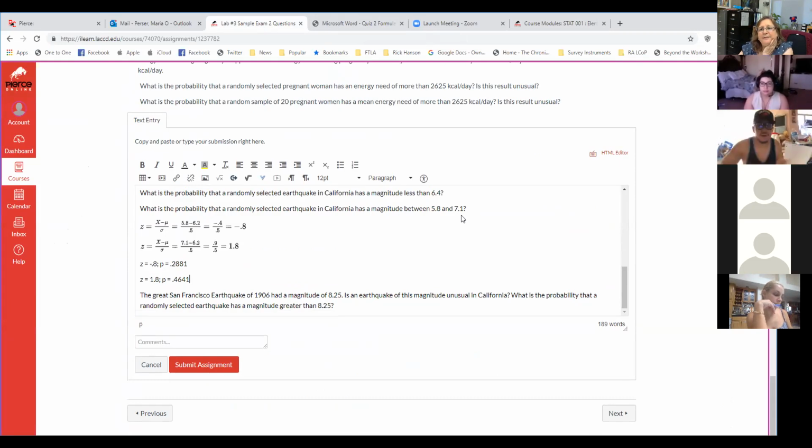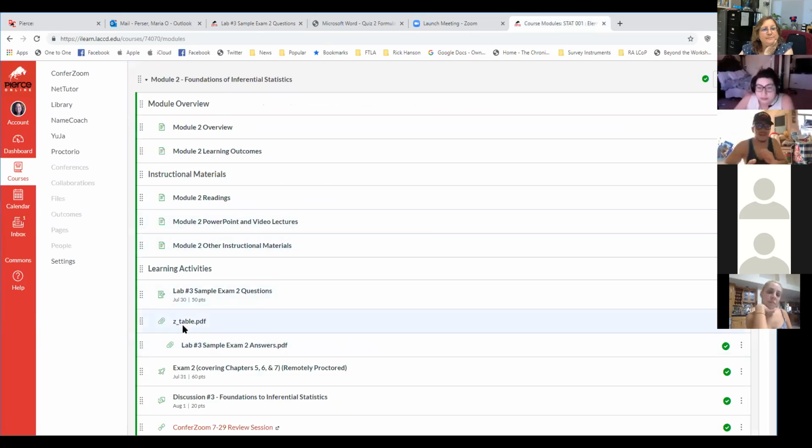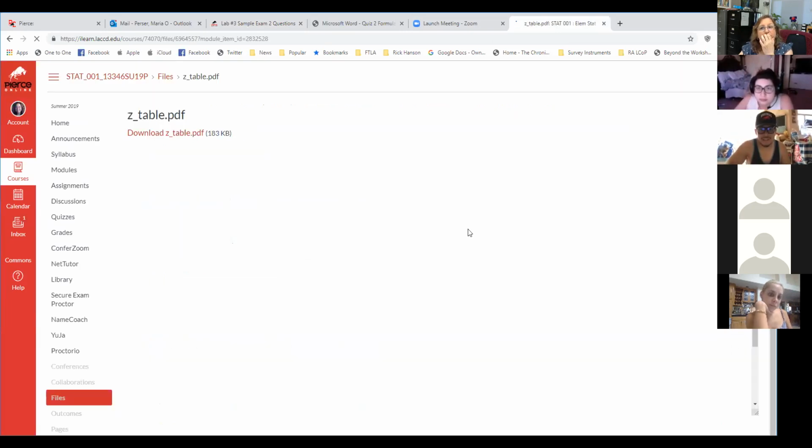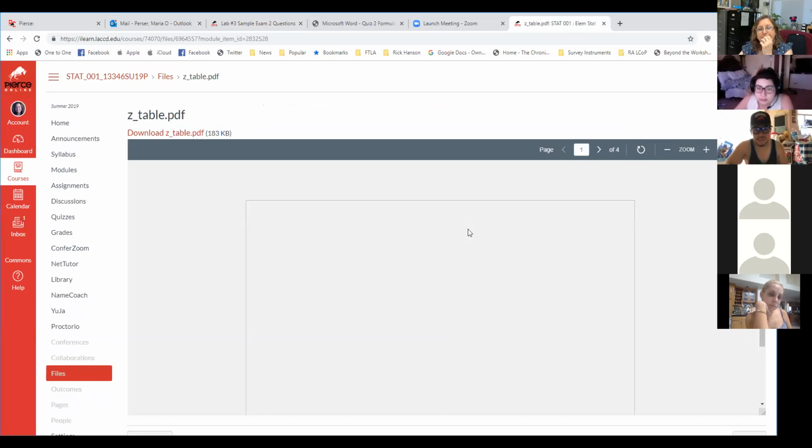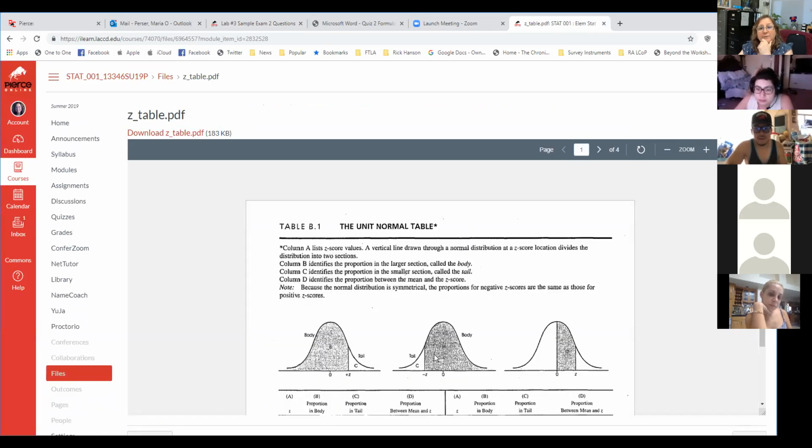When you go into that chart, the proportion between Z and the mean, how would you know that's the proportion between Z and the mean? Right. That's because when you draw it out. So look at this drawing right here. Basically, if you look at 0 here, the 1.8 would be here, and the negative 0.8 would be over here.